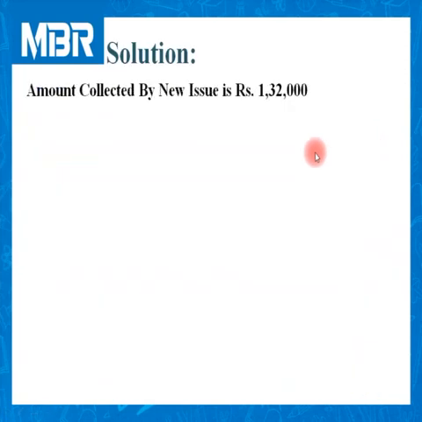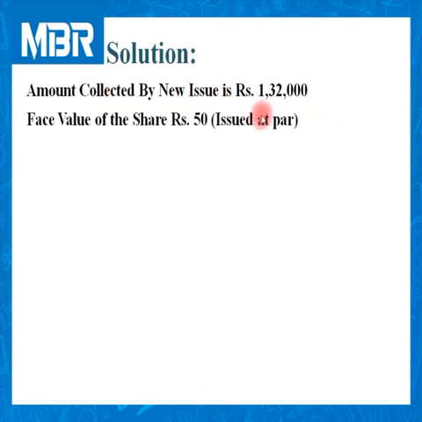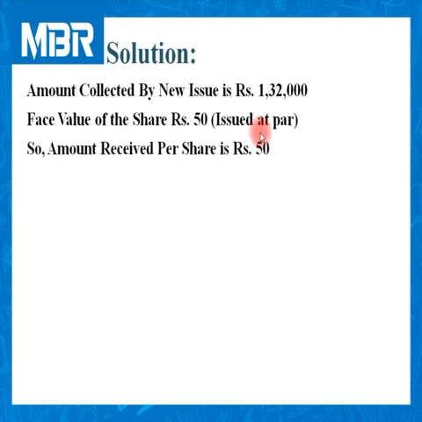Let us calculate the number of preference shares. Amount collected by new issue 1,32,000. Face value of the new preference shares rupees 50, and as per information these shares are issued at par. So amount received per share is rupees 50. If it is issued at premium, amount received per share would be different. If it is issued at discount, then also it is different.